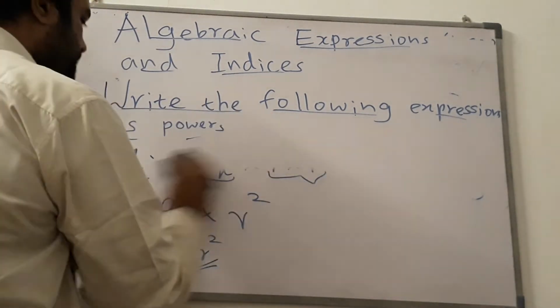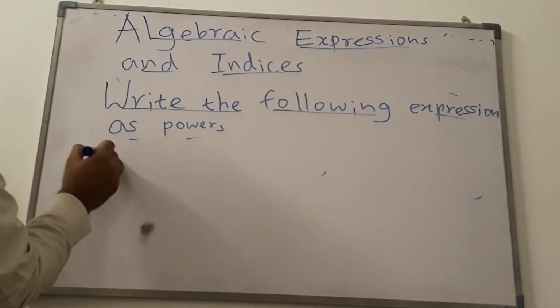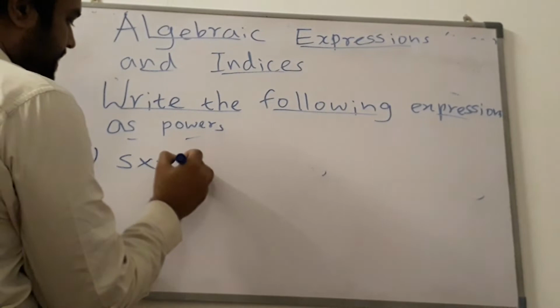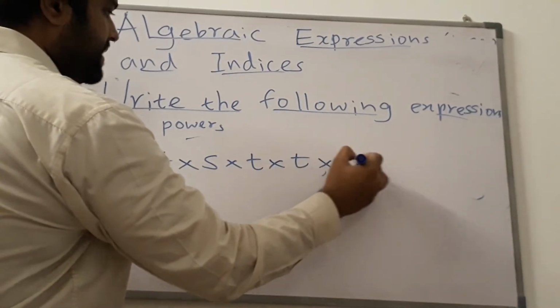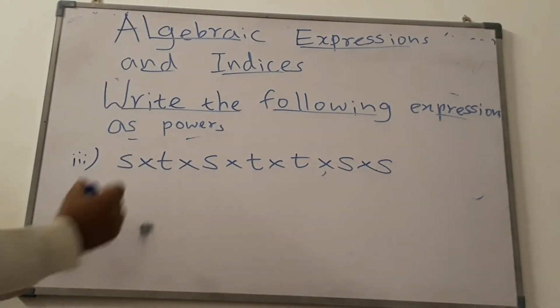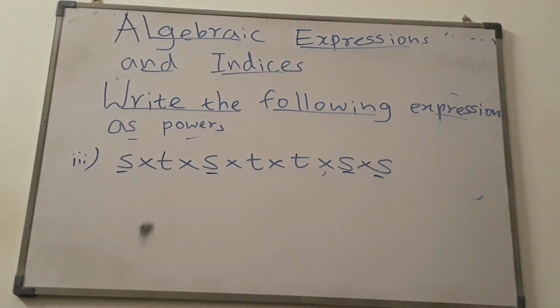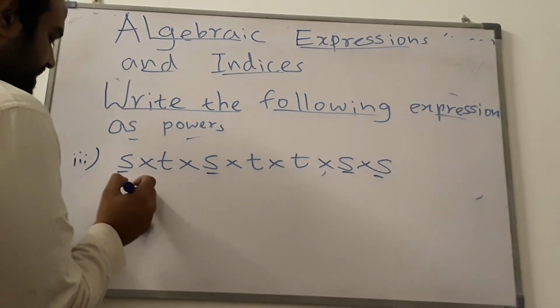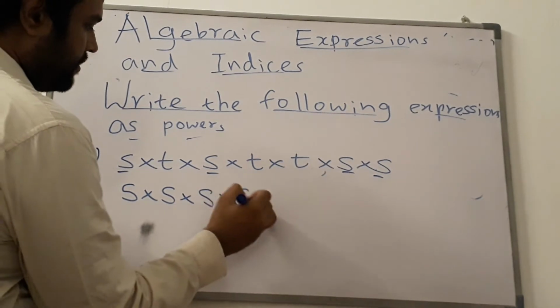Next question, third question: s times t times s times t times t times s times s. Here are 1, 2, 3, 4 s's multiplied with each other. So first we will write s four times.